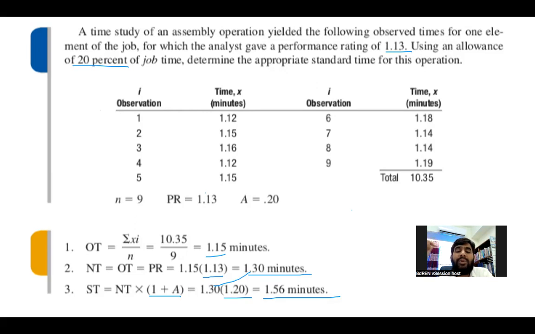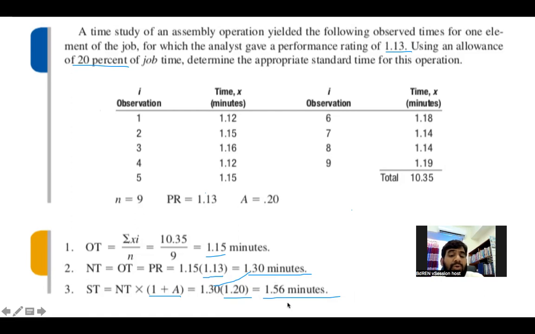If the average cost per minute is $2 and it requires 1.56 minutes to produce that product, what is the cost of manufacturing or making? So this multiplied by the cost: the cost of making this product is 1.56 multiplied by $2.